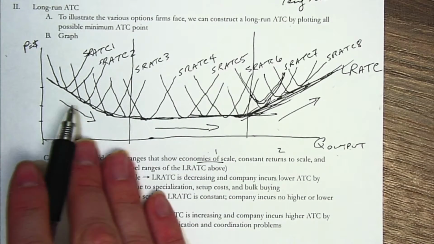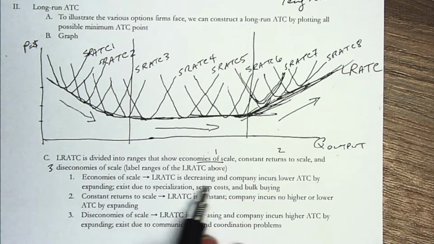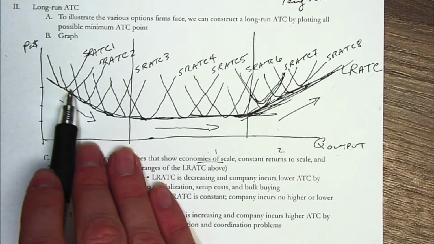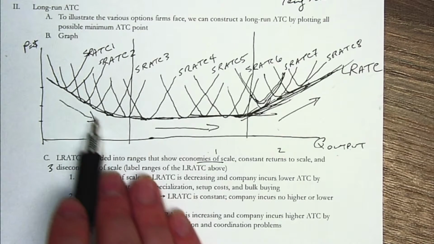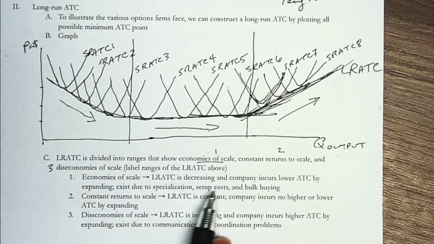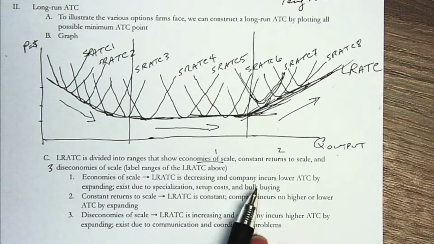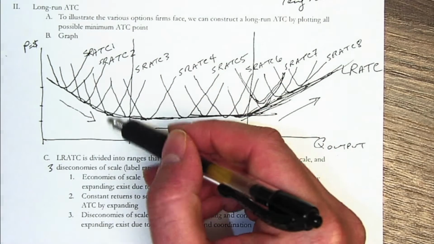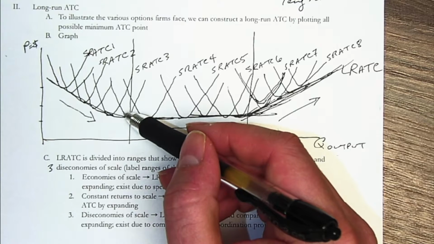And this means that it's actually decreasing your costs because your ATC is decreasing. It's called the economies of scale range because getting bigger allows you to have a lower ATC. And that happens because your people start to specialize and you can spread out those setup costs and you can bulk buy. So getting bigger actually lowers your average total cost of producing.